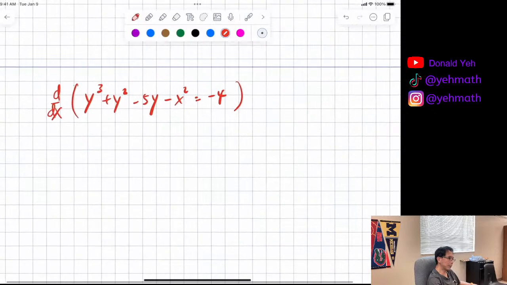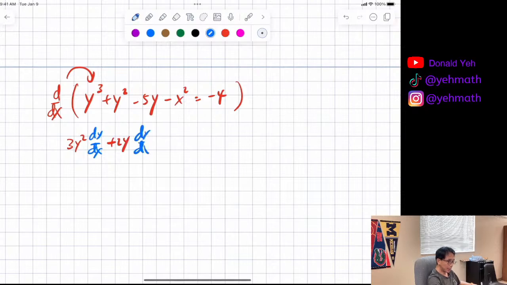Can you tell me how do I take a derivative of the y to the cube? There you go. And I'm going to color code this for you, dy dx. What's derivative of the y squared? Plus 2y and the dy dx. I color code this for you, just so you know.